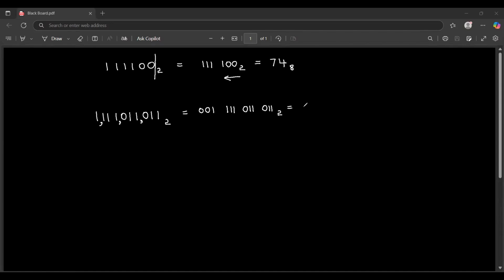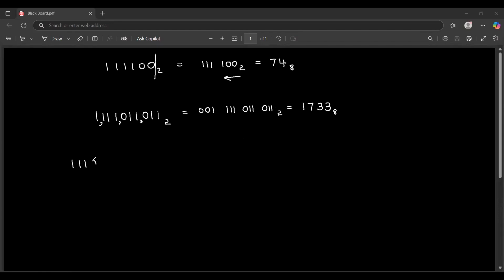Well, 001 represents 1, 111 represents 7, 011 represents 3, and 011 represents 3. So it will be 1733 to the base 8. You don't have to convert it to decimal and then convert it back to octal. Pretty simple.